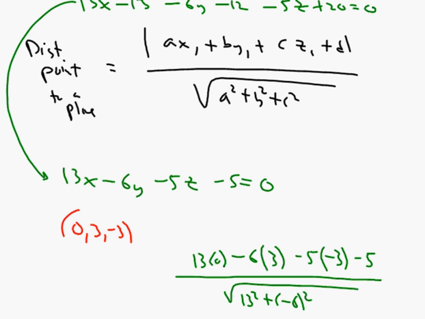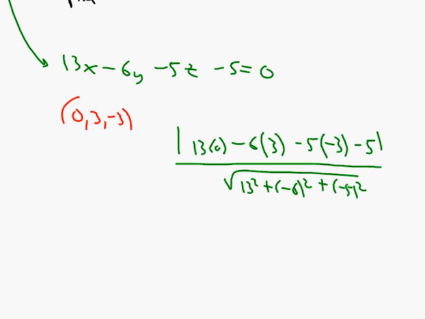This plus this. Okay? So whatever that is. Don't forget to take the absolute value just in case it turns out to be negative.